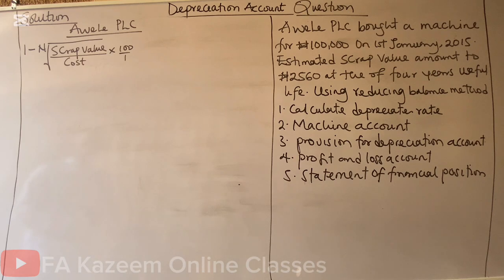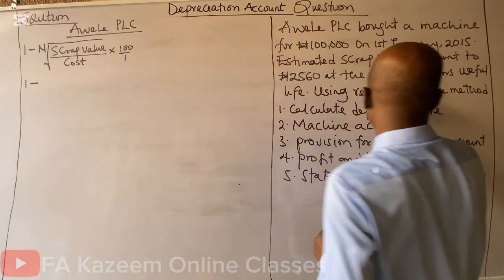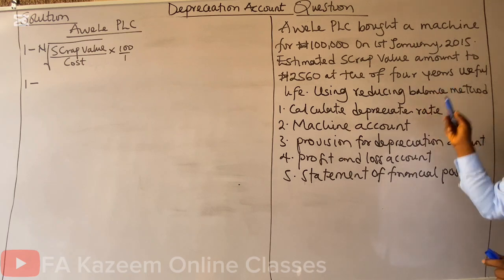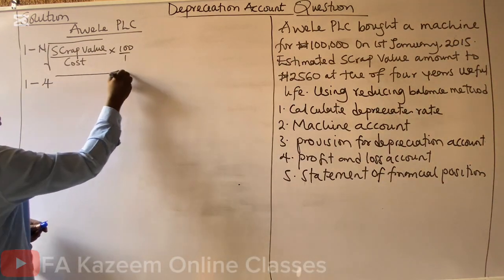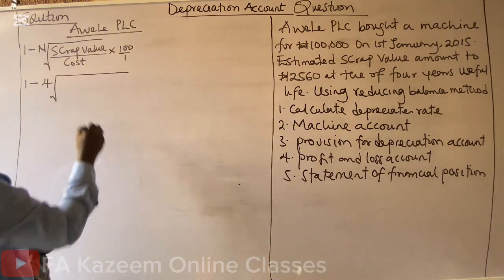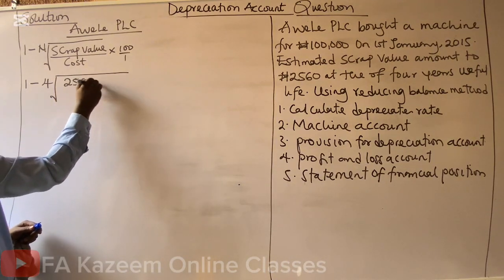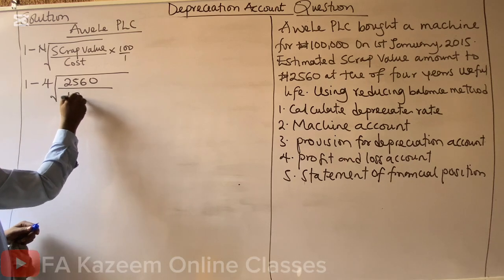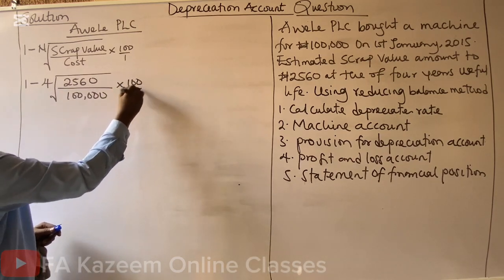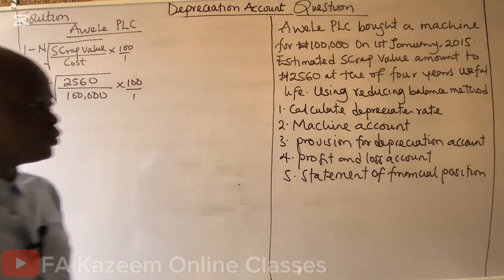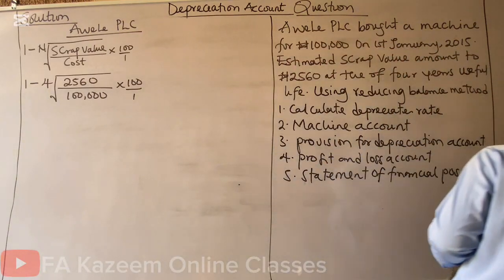With this, the next thing to do is to input the values into this formula. 1 minus, let's look at the number of years. The useful life is 4 years. That's 1 minus the 4th root of the scrap value, 2,560, over 100,000, times 100 over 1. How do we solve this further? We need a calculator.